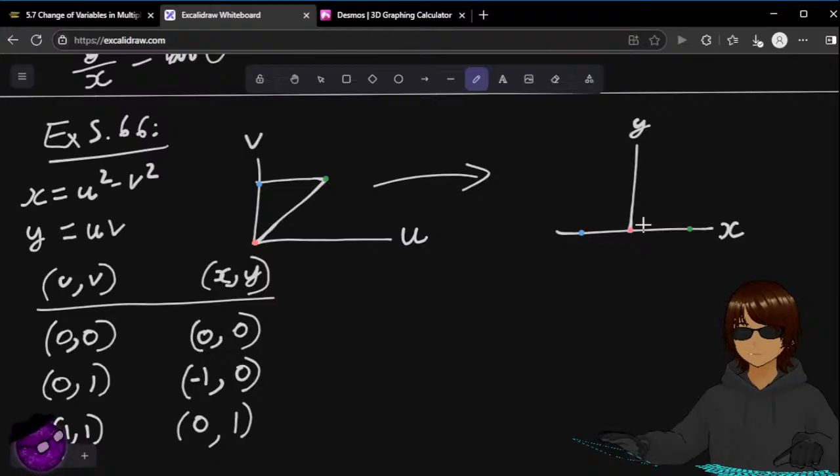Here, this goes here, and this goes here. Let me just check again. So 0, 1: 1 times 0 is 0.